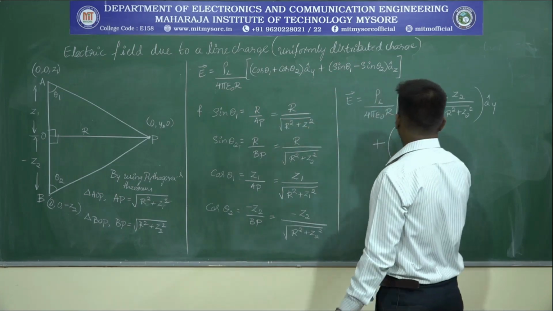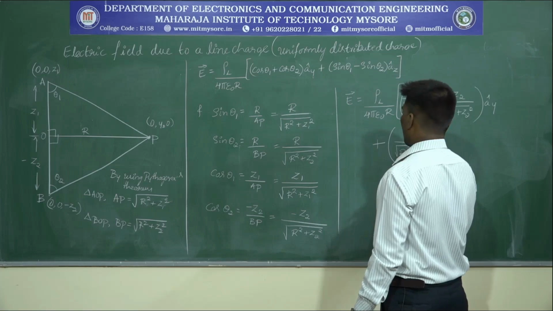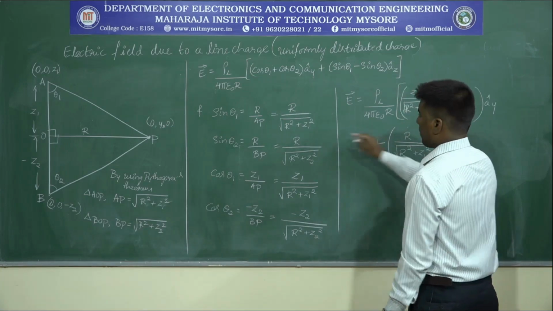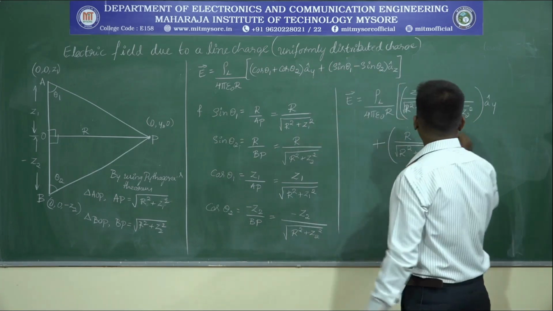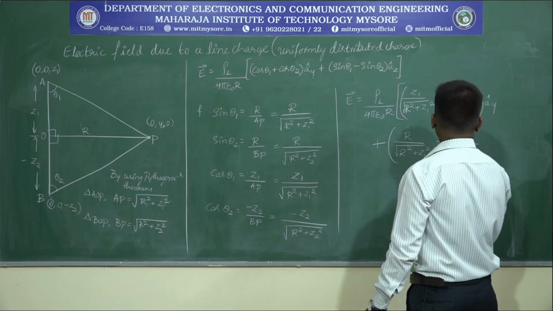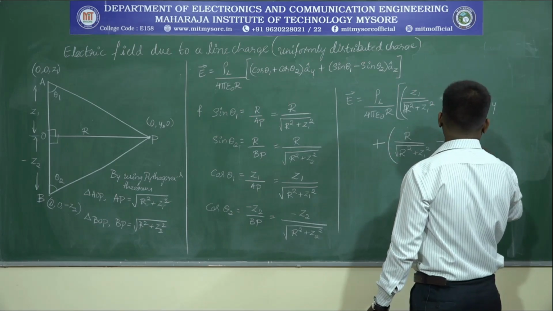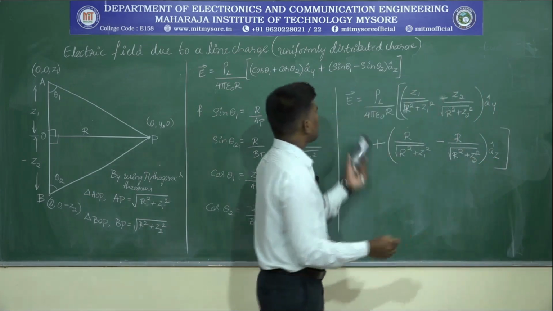What is sin theta 1? R divided by square root of r square plus z1 square. Then minus sign comes here, sin theta 2. What is sin theta 2? R divided by square root of r square plus z2 square, into a cap z. This is the final equation.